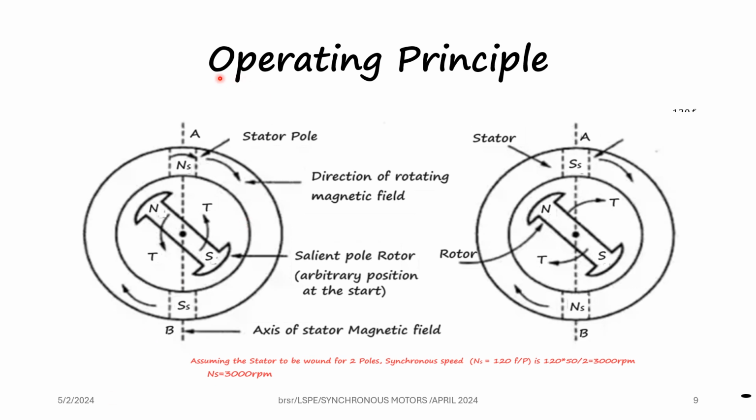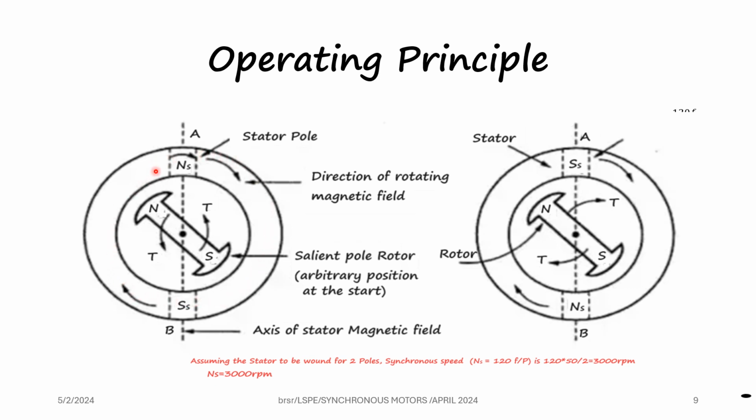The operating principle of synchronous motor is explained using this image. The stator of the synchronous motor carries a three-phase winding and it is given a three-phase AC supply. When three-phase AC supply is given, a magnetic field of constant magnitude but rotating at a synchronous speed is produced.